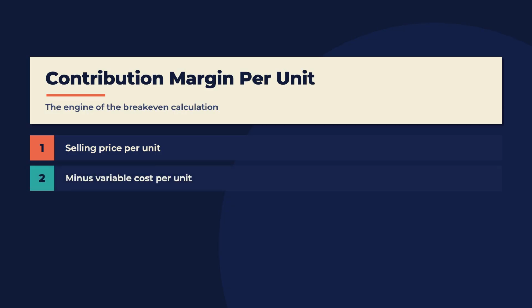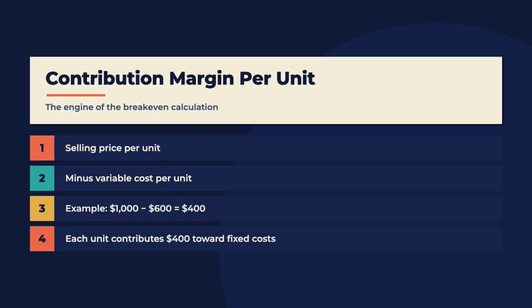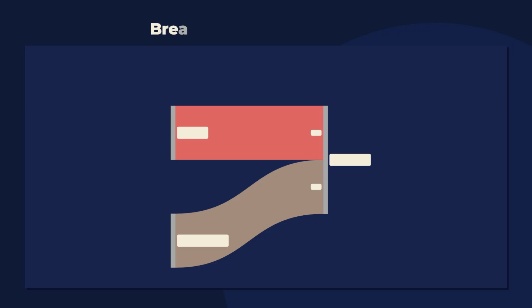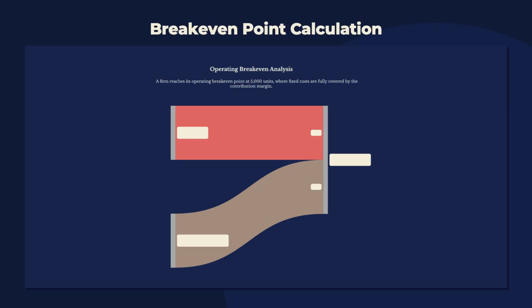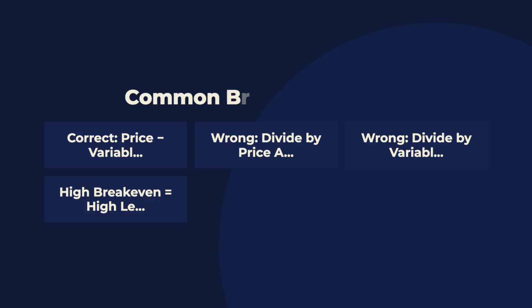If a product sells for $1,000 and costs $600 to make, each unit contributes $400 toward covering fixed costs. Put the pieces together. Fixed costs of $2 million divided by a $400 contribution margin gives a break-even point of 5,000 units. Sell the 5,001st unit and the firm crosses into operating profit.